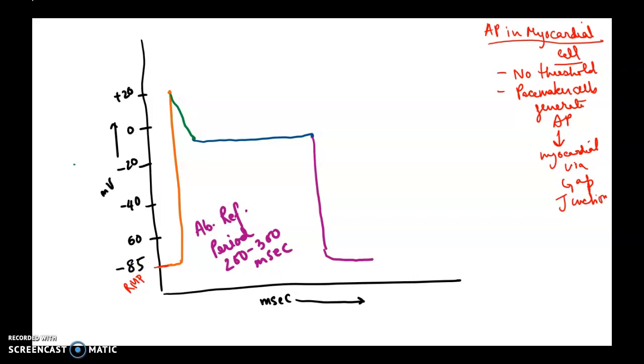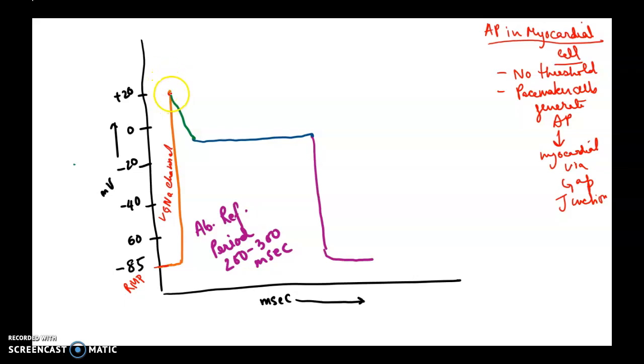As soon as the action potential comes in, we have voltage-gated sodium channels open. As that happens, what enters the cell? Sodium, right? Sodium enters the cell, brings in positive charge. We have depolarization of the membrane, and the membrane depolarizes to about positive 20.